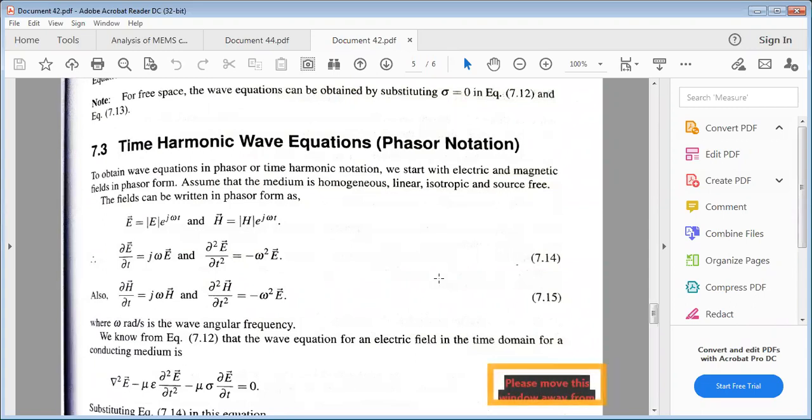To obtain the wave equations in Phasor or time harmonic notation, we start with electric and magnetic fields in Phasor form. We represent the electric and magnetic components with their Phasor notation or exponential form.